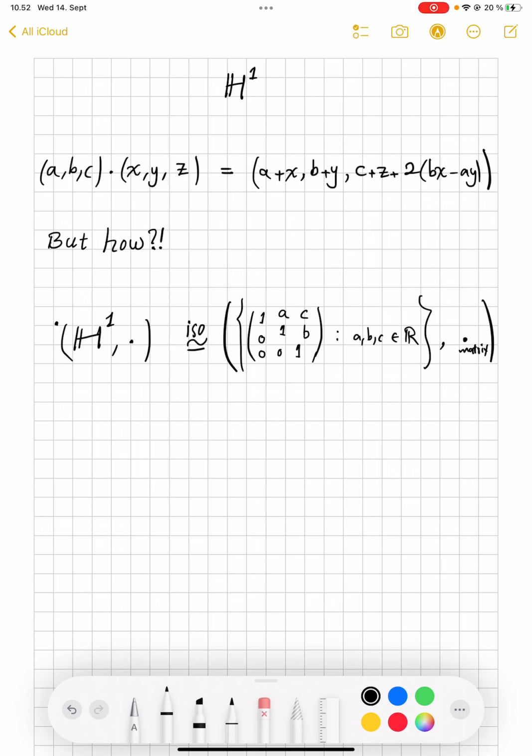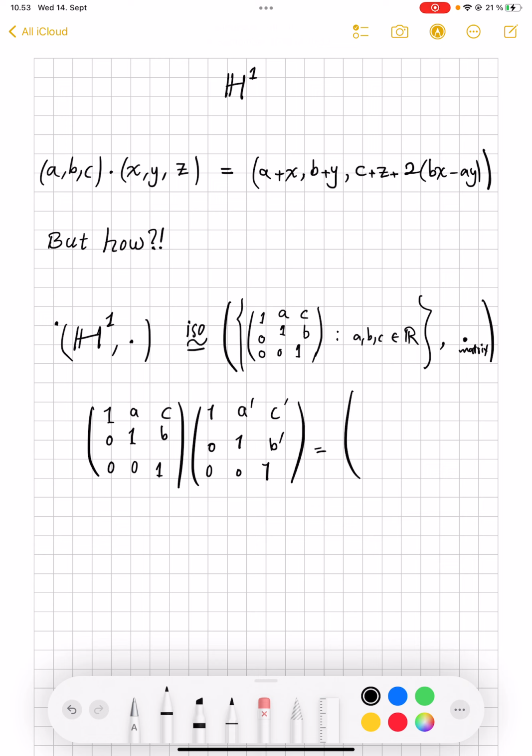And if you do that, it's reasonable to believe that this is isomorphic. Of course, to prove it, you need to write down an isomorphism. I have done it before in my life, so I'll let you also enjoy that. So A prime, B prime, and C prime, if you put them here, then this will remain upper triangular.